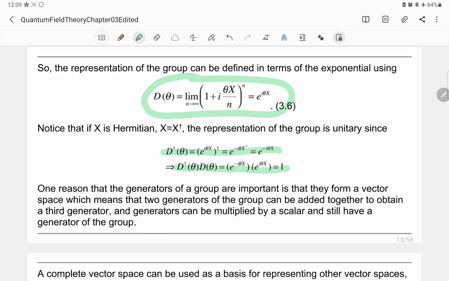One reason that the generators of a group are important is that they form a vector space, which means that two generators of the group can be added together to obtain a third generator. And generators can be multiplied by a scalar and still have a generator of the group.